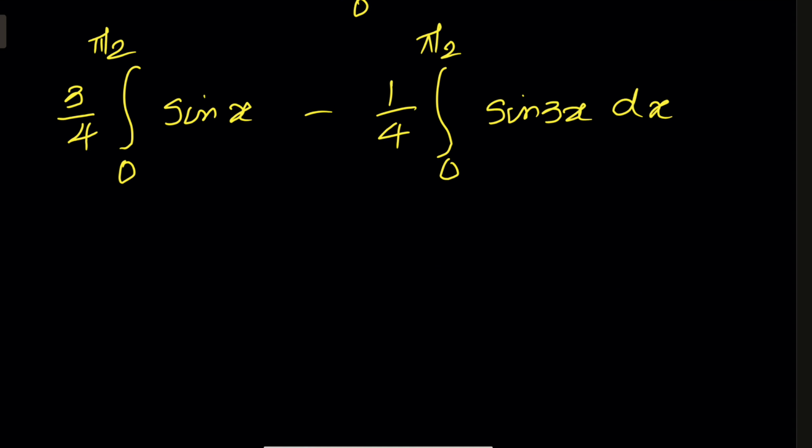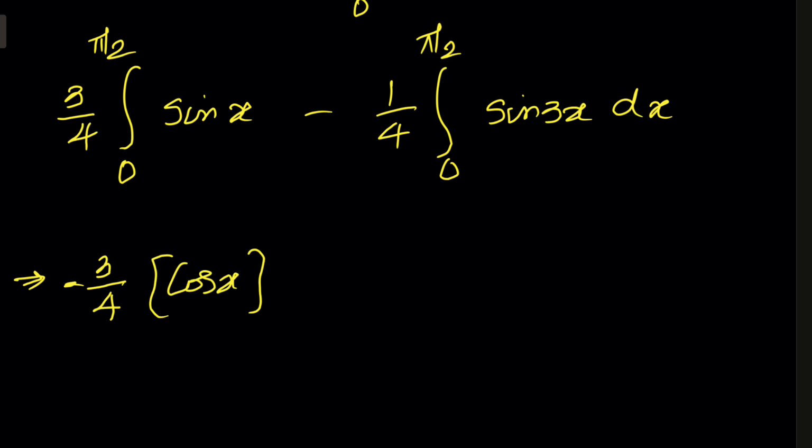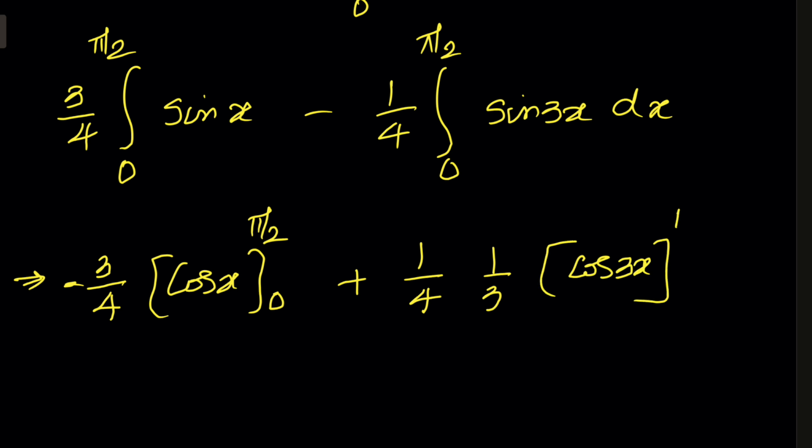In the next step, we will write down 3 by 4 into sin x integral is minus cos x. So cos x with boundaries pi by 2 and 0 minus 1 by 4 integral of sin 3x is minus cos 3x by 3. So 1 by 3 cos 3x, boundaries are pi by 2 to 0.